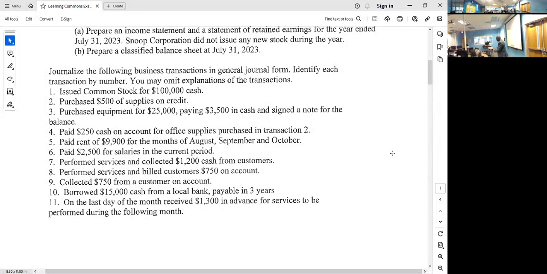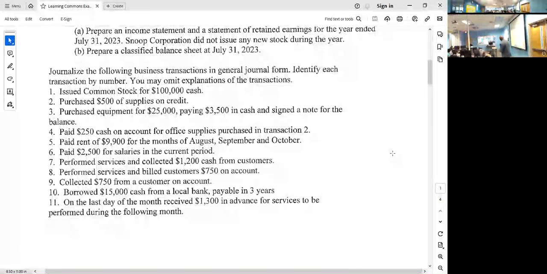So they're not just going to say, you've got equipment, how much did you buy the equipment for? Okay, so we know you do equipment, for example. You're going to have 3 accounts.